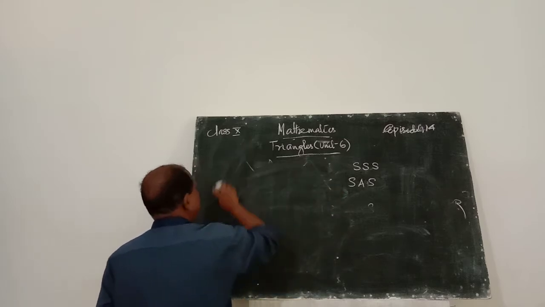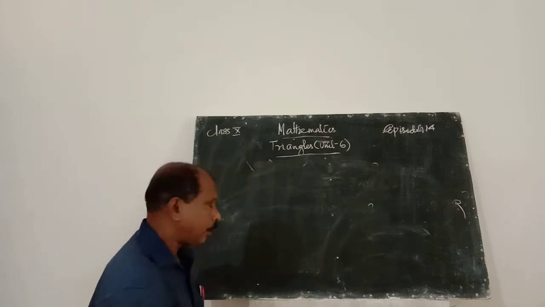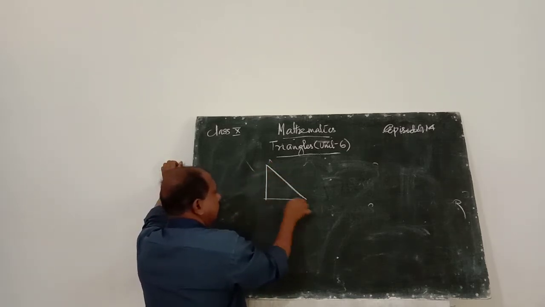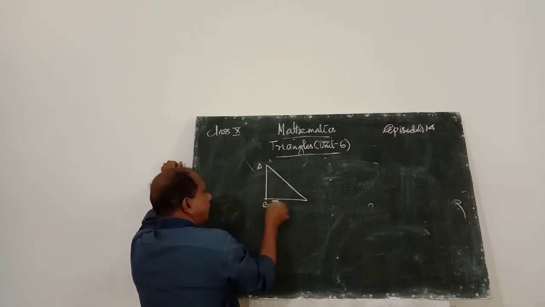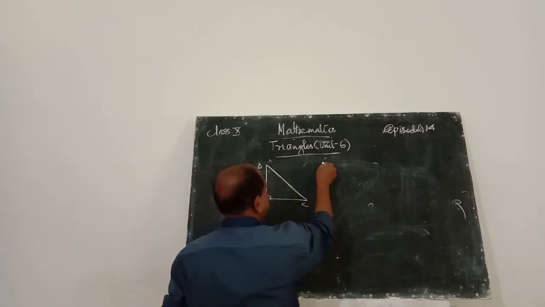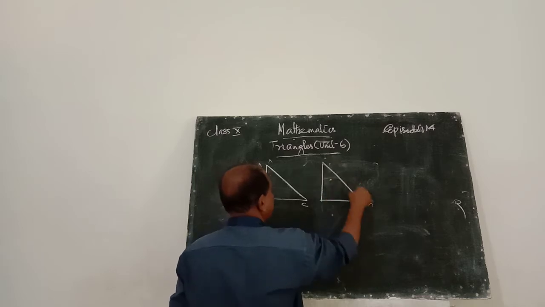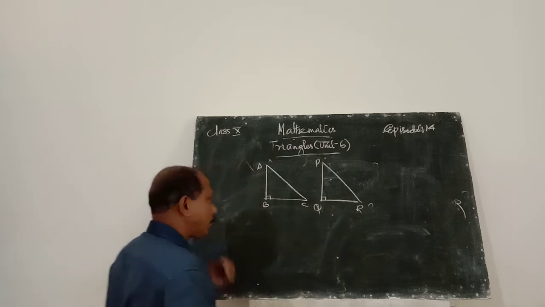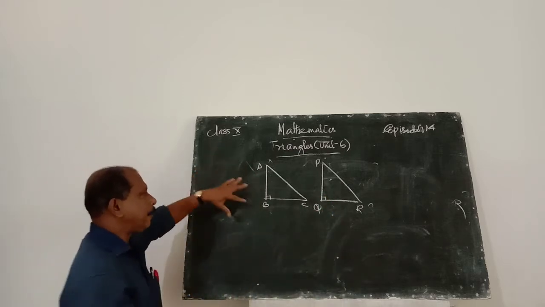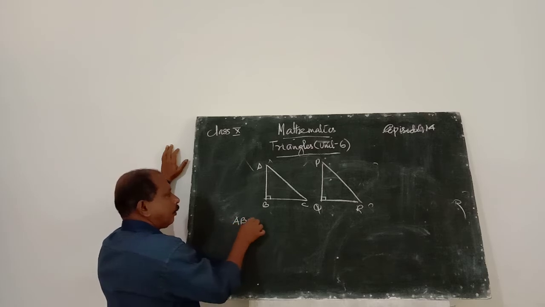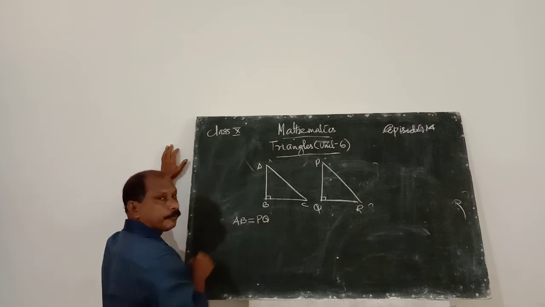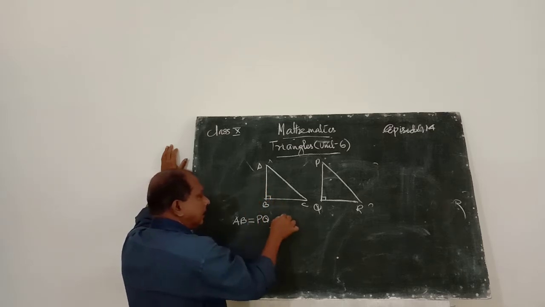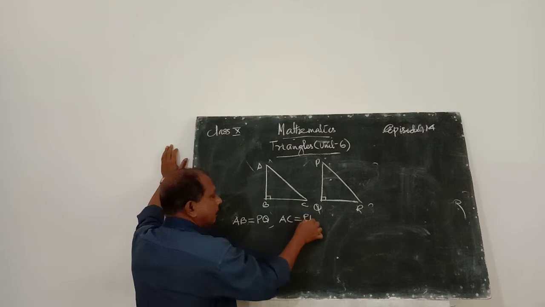Then let us consider other two triangles. Triangle ABC, right angle at B, like say a right angle triangle. Triangle PQR, right angle at Q. AB is equal to PQ and AC is equal to PR.